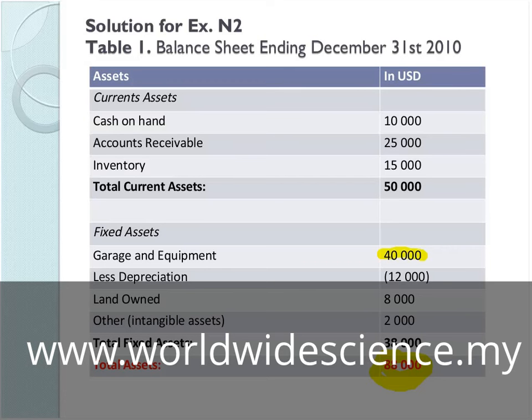Based on our straight line, yes, 22,000. We put like this. Less depreciation, which will be 5,000, right? So we do like that.